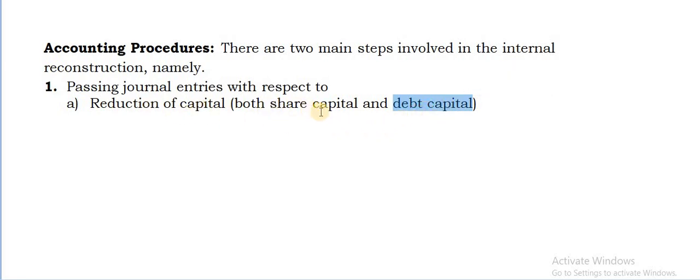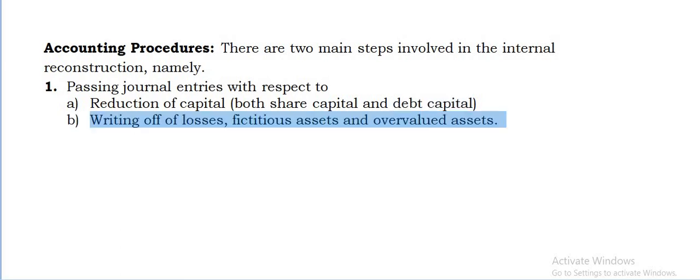There is a need for recording all this. Along with that, if there is any appreciation in the value of the assets, that also has to be taken. Then writing off of various losses, fictitious assets and overvalued assets. So the journal entries have to be passed for these.